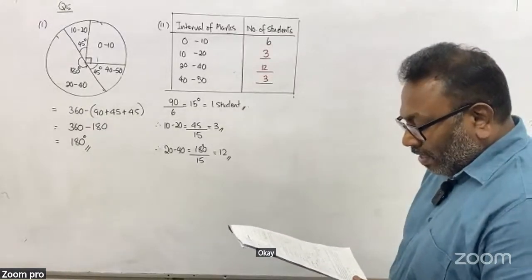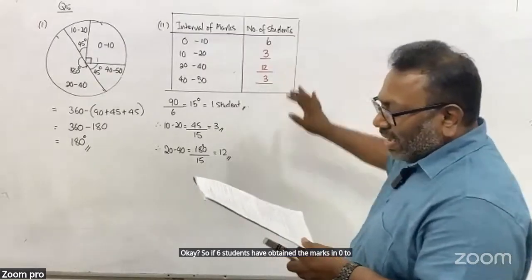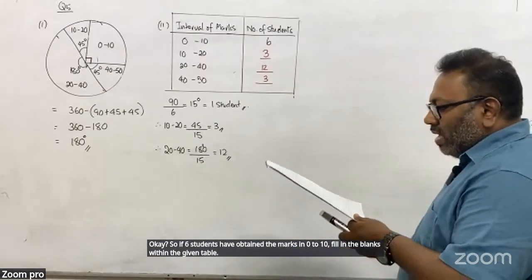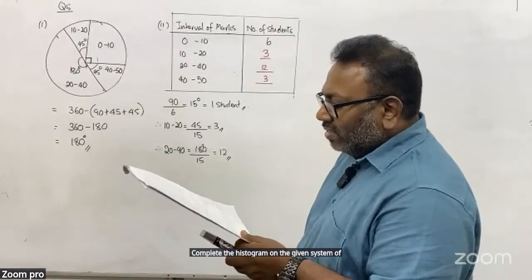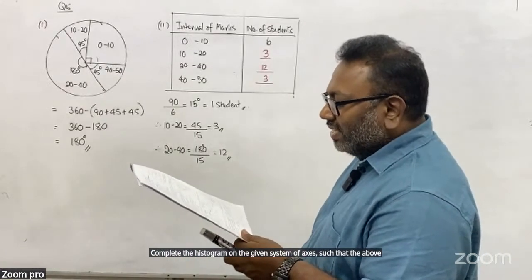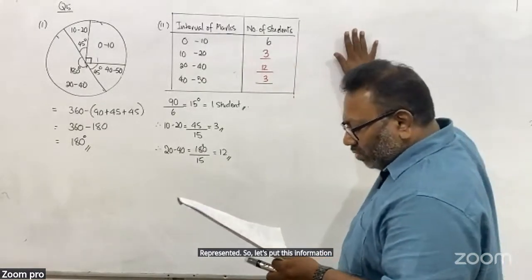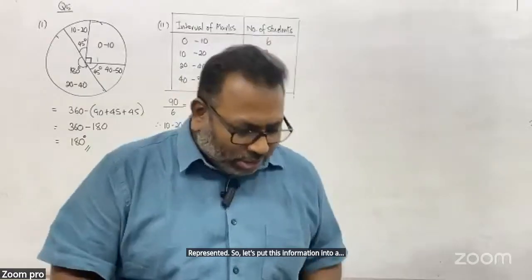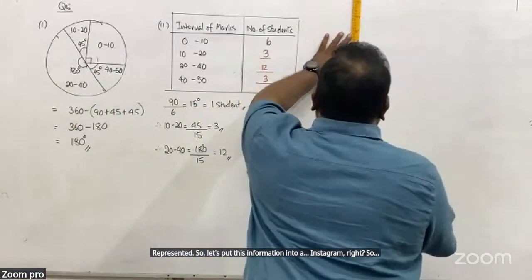So if 6 students have obtained the marks in 0 to 10, fill in the blanks within the given table. Complete the histogram on the given system of axes such that the above information is represented. So let's put this information into a histogram.